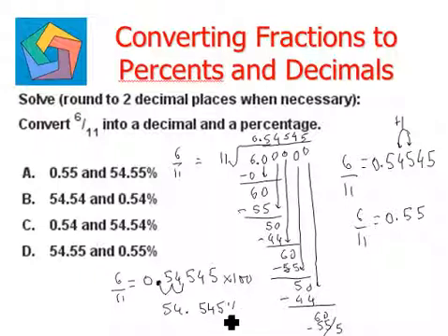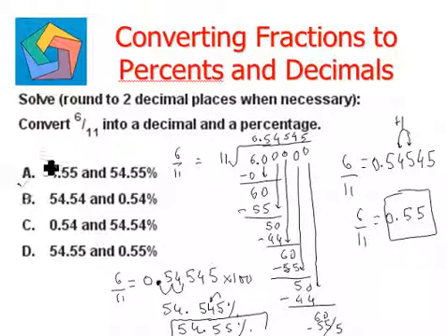Now, rounding to two decimal places, we see the third digit is 5 or greater than 5, so we add 1 here. So this becomes 54.55 as a percentage. So we say 6/11 in a decimal is 0.55, while in a percentage it is 54.55, which matches option A.